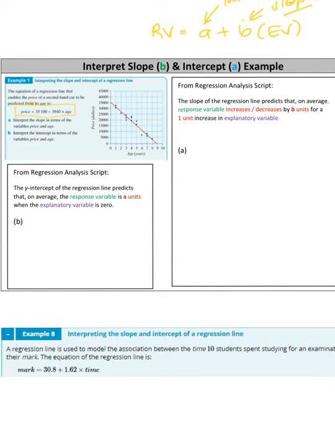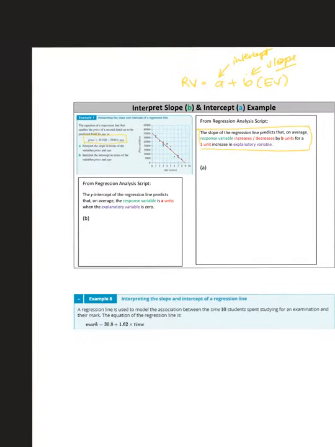What we're going to be doing for these ones is we're going to use a given script, which is this one for slope, and this one for intercept. All we're going to do is change the coloured text. The response variable in there, you would change to the response variable in your question.